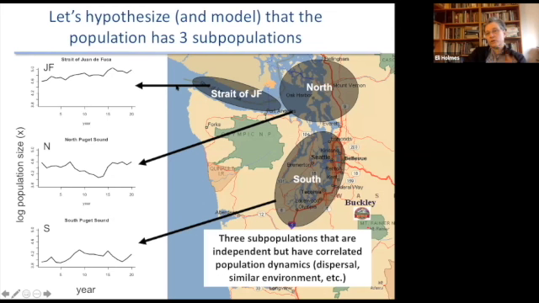And they're kind of doing different things because the food community is different, and you've got this kind of sill here that creates some separation between the food. And sort of the bathymetry makes this separation here. And then, really there's a lot of different things going on in the south. The Strait of Juan de Fuca, these harbor seals are heading out to the outer coast. They're really doing something different.